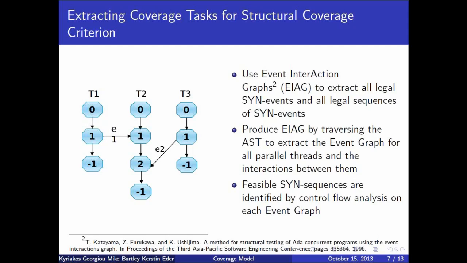So we again traverse the abstract syntax tree, and then we create the event graph for each of the threads, and then we also produce the interactions. Then we traverse that graph in order to extract all the feasible seen sequences.